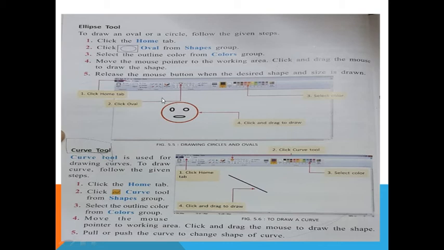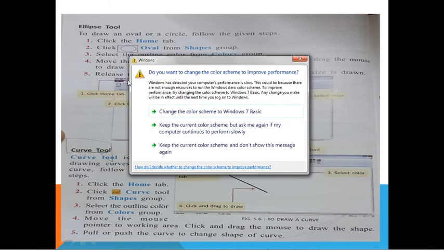Release the mouse button when the desired shape and size is drawn. I hope you understand this. It's so easy. You already used the shapes: you are making houses, mountains, clouds, sun, trees and even streets, everything. Same process you follow for the rectangle, square or ellipse tool.